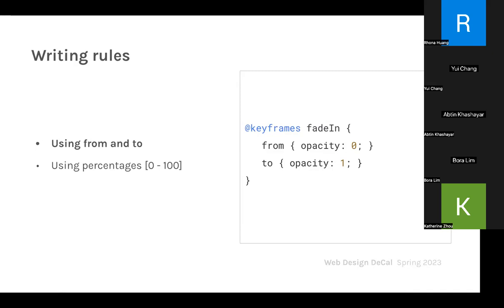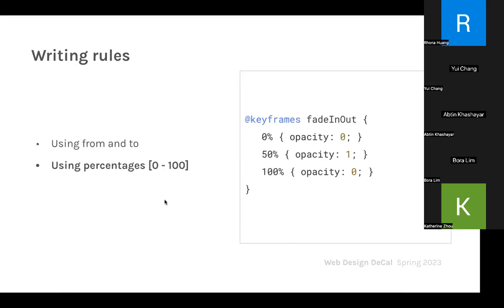If you wanted to change the animation within the beginning and end, a way to do that is to use percentages. So for example, let's say you wanted to have something on your website fade in and then fade out. So we could use percentages. Percentages in keyframes define when in the animation a specific property is going to change.